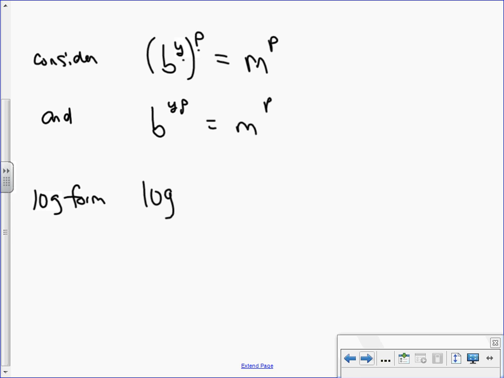Log base b of, what do we want to say, m to the p. Come on, kids, go ahead and say it, m to the p. Equals what? Y times p.